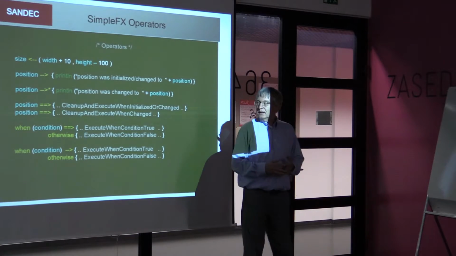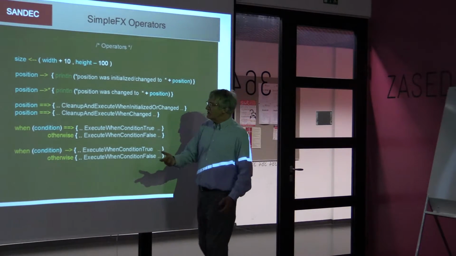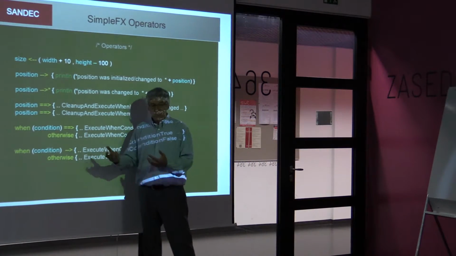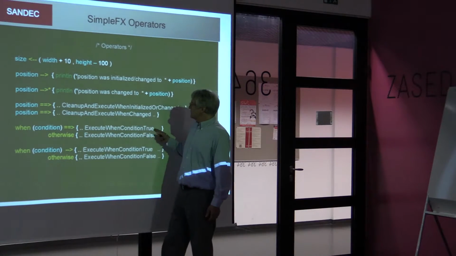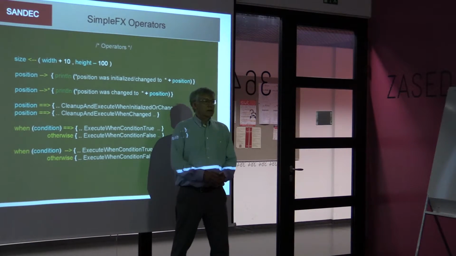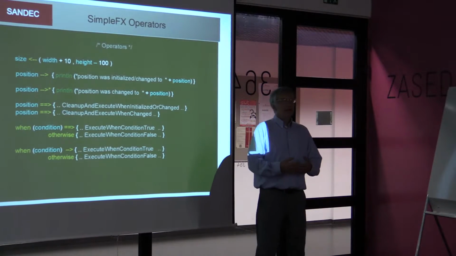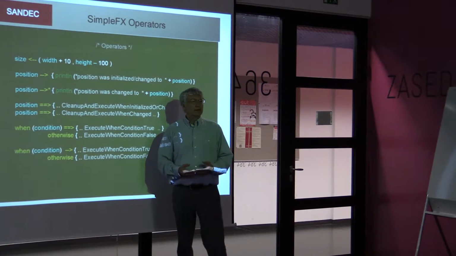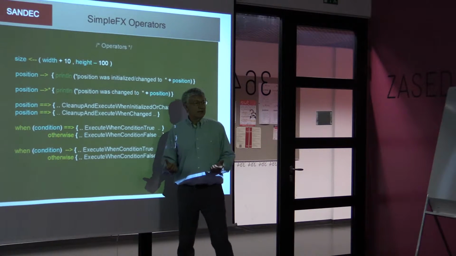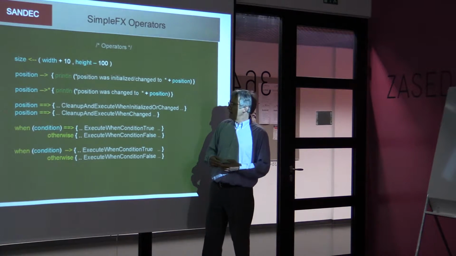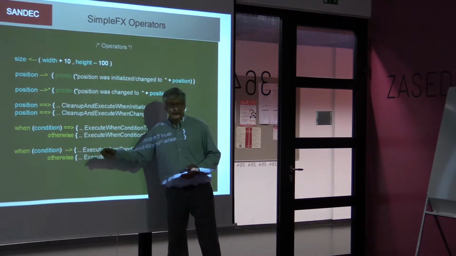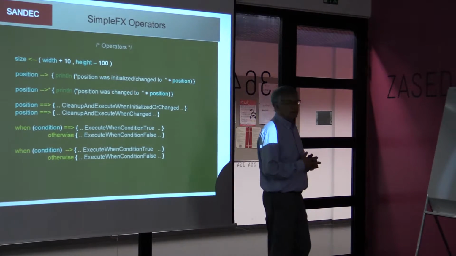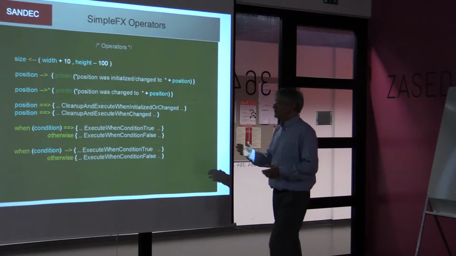As soon as this condition is changing to true, it could be any time in the future, this expression is executed, and as soon as it becomes false again, anything in this expression which was allocated is then cleaned up or reallocated again. And the opposite if the otherwise is being used. This one is optional, of course.